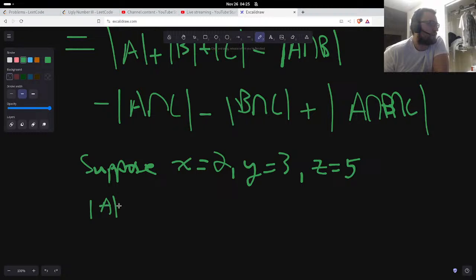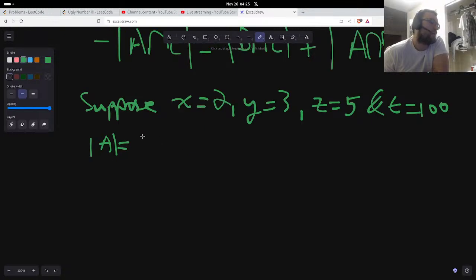Size of A, and we'll say T is 100, right? A is going to be 100 divided by 2.